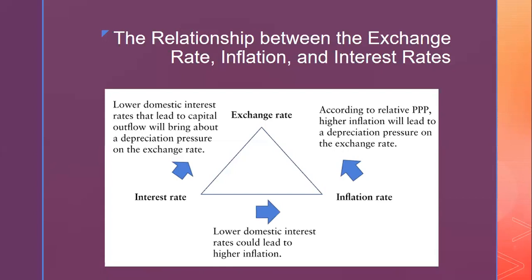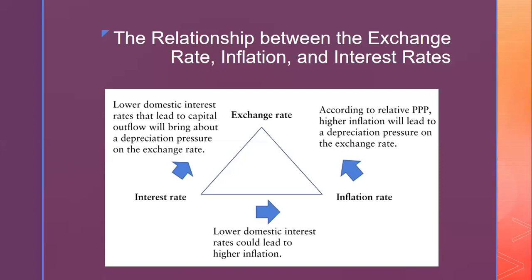When there is a capital outflow, what will happen to the exchange rate? We know the foreign exchange demand and supply will determine the exchange rate in the economy. When there is a capital outflow, we are investing in the foreign sector, so we are demanding foreign currency and not the domestic currency.